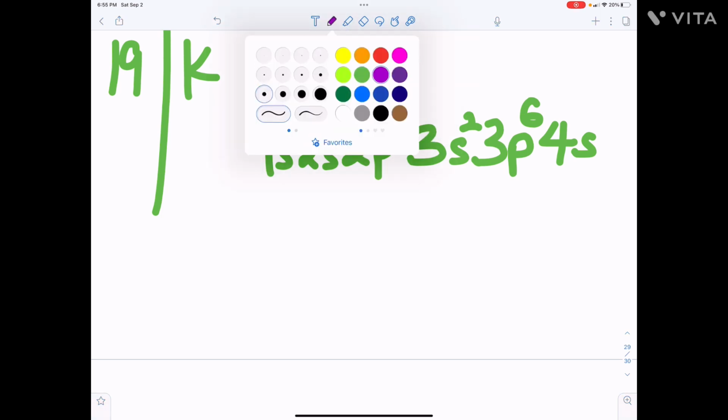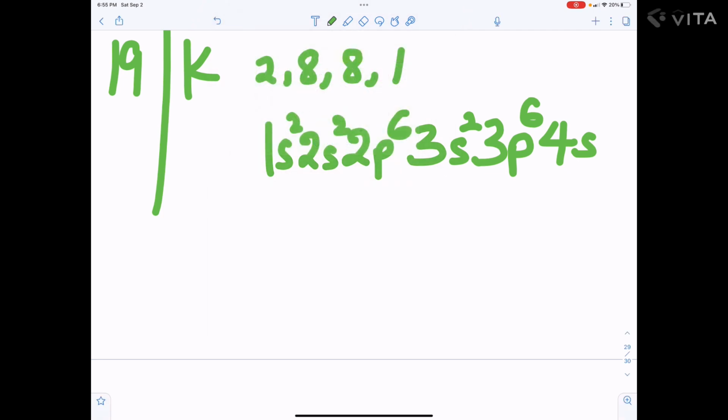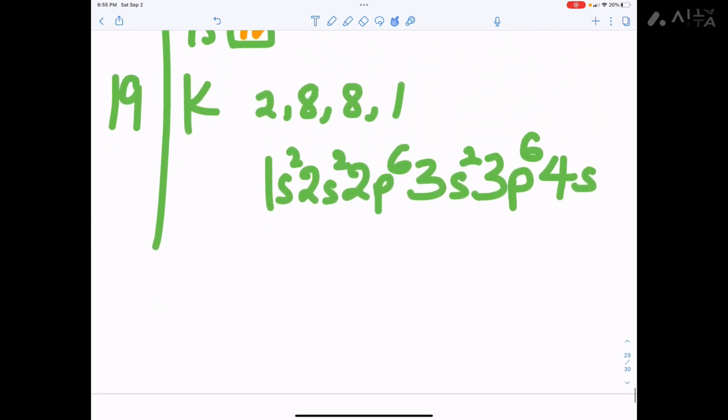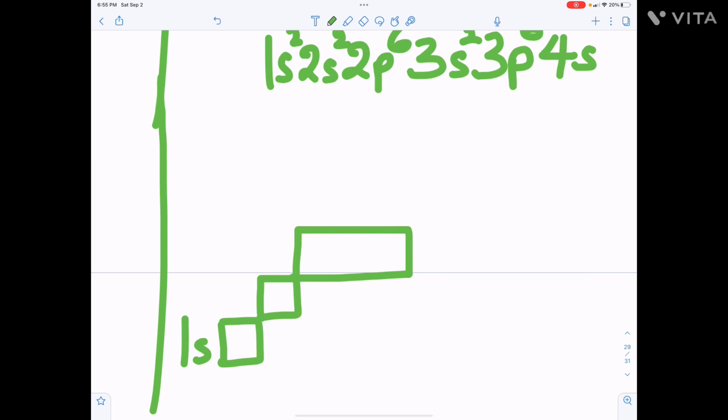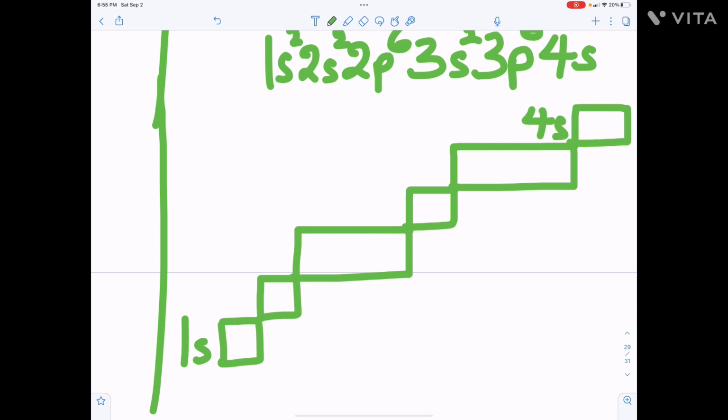So let's quickly do this diagram. I should have stopped drawing, but let me just be nice to you. 1s, 2s, 2p, 3s, 3p, then 4s.